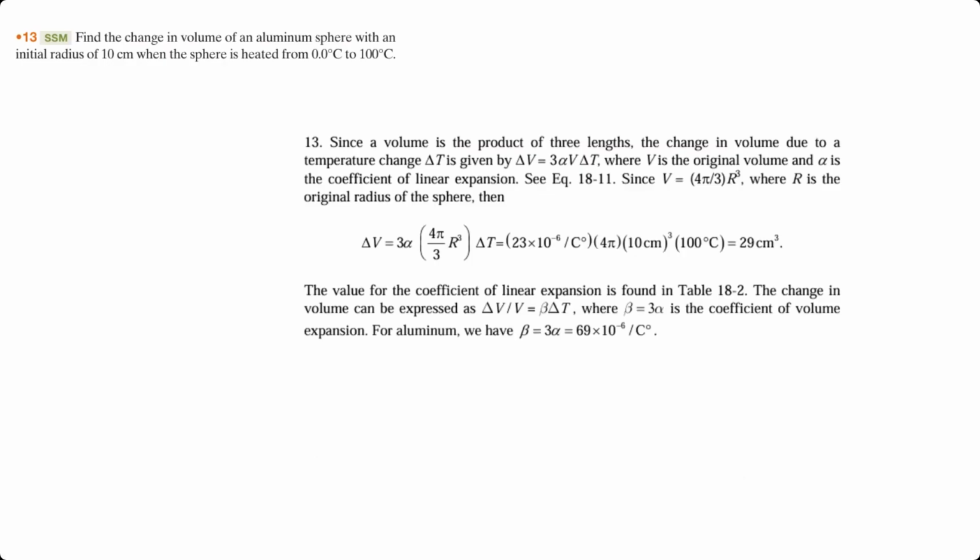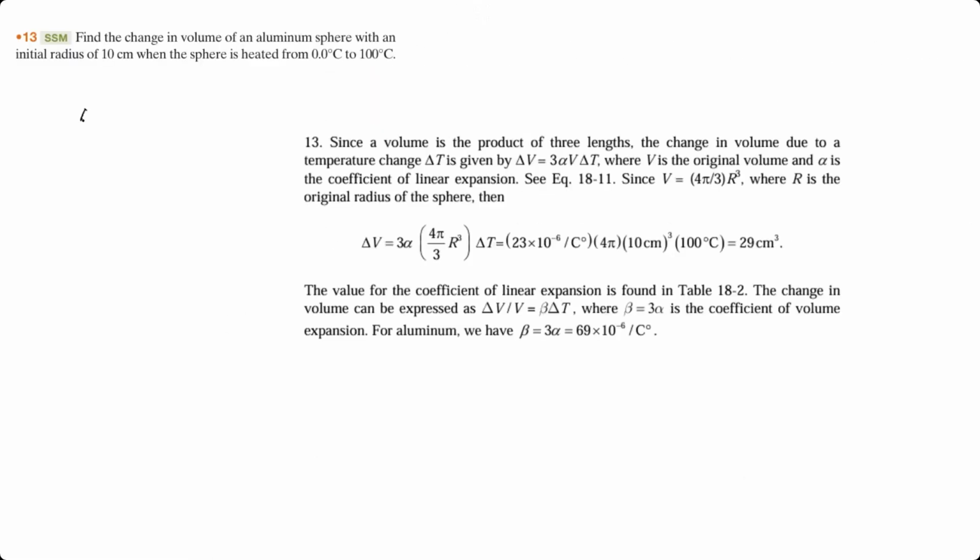I have this nice, easy question here. Find the change in the volume of an aluminum sphere with an initial radius of 10 centimeters when the sphere is heated from 0 to 100 degrees Celsius. So we want the change in the volume. To do so, we want delta V, which is V0 times beta times delta T, where beta is 3 alpha.